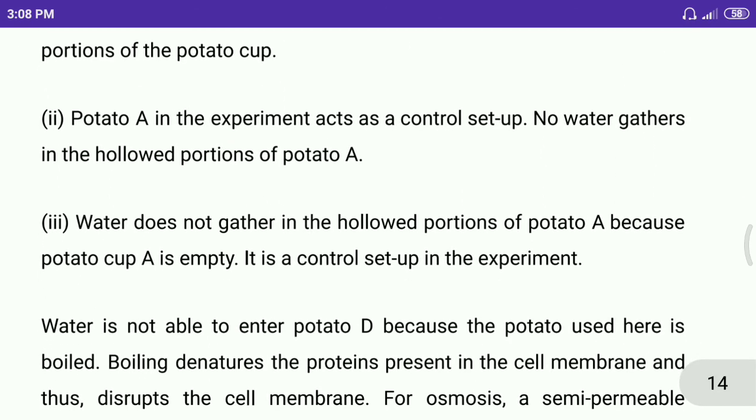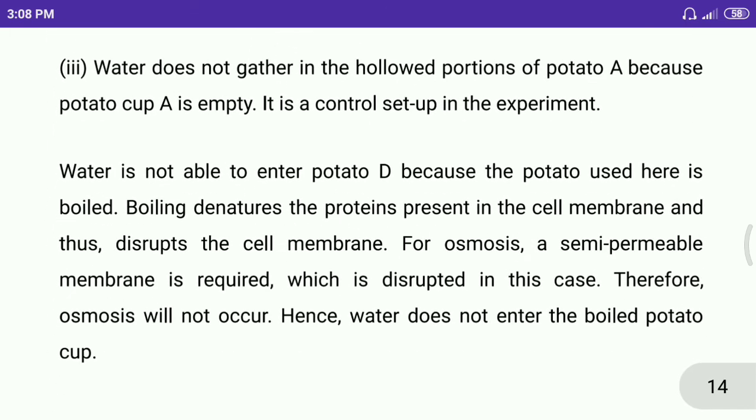Third answer. Water does not gather in the hollow portion of potato A because the potato cup is empty. It is the control setup in the experiment. Water is not able to enter potato D because the potato used there is boiled.